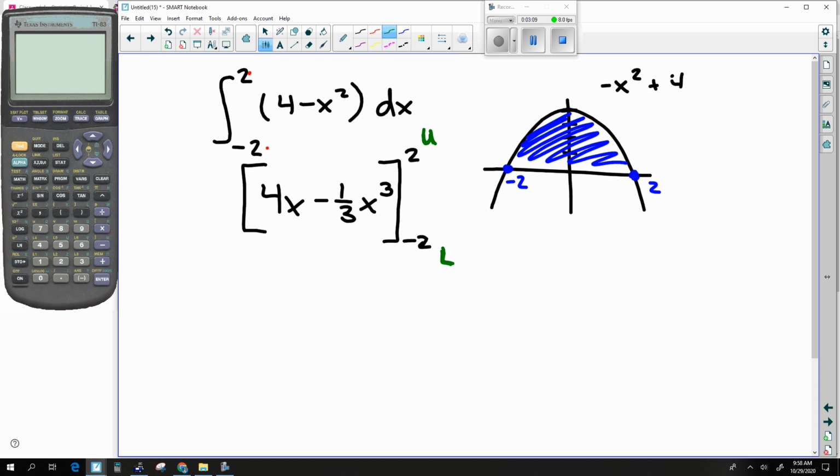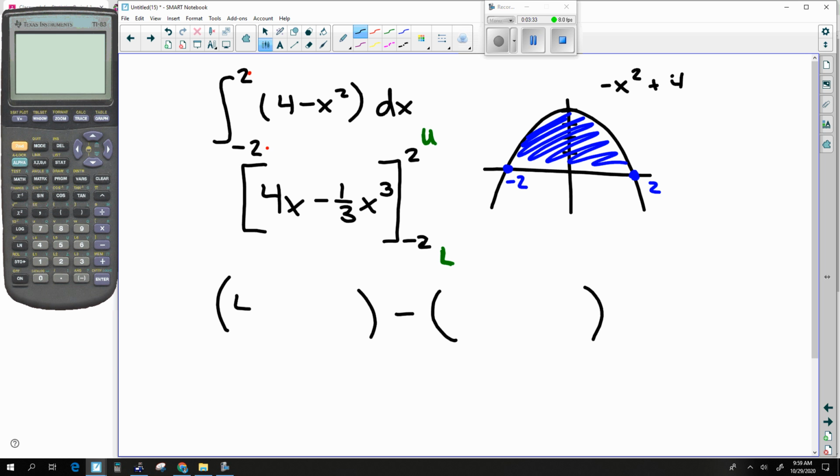What you do to get the answer is you evaluate this integral at the upper bound, minus the integral evaluated at the lower bound.